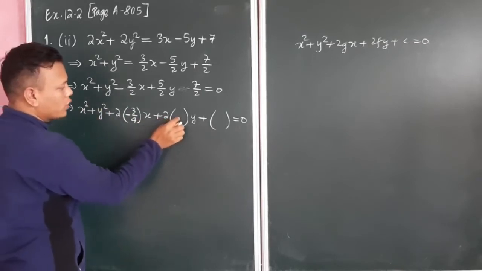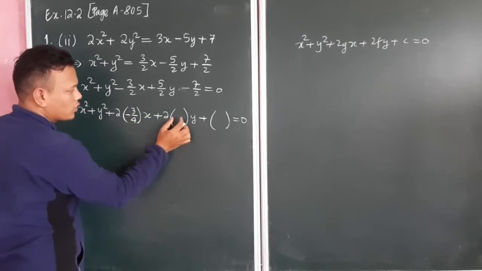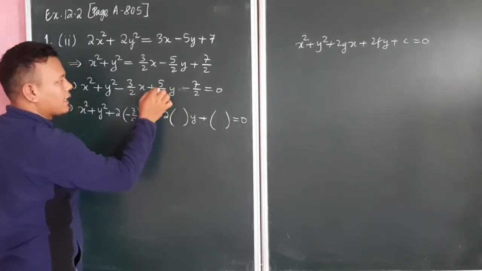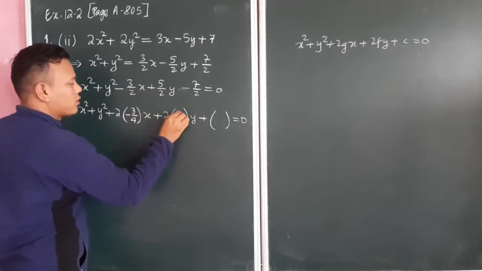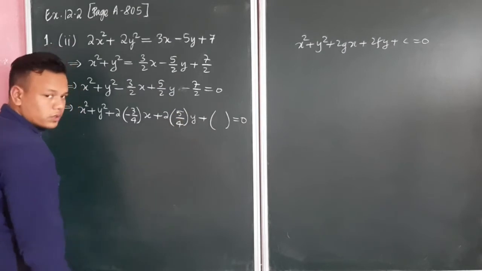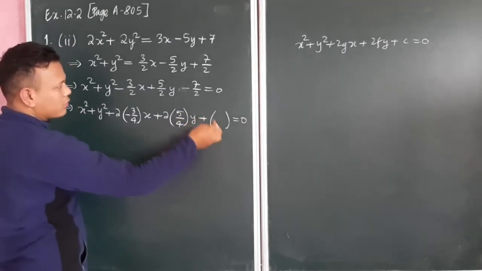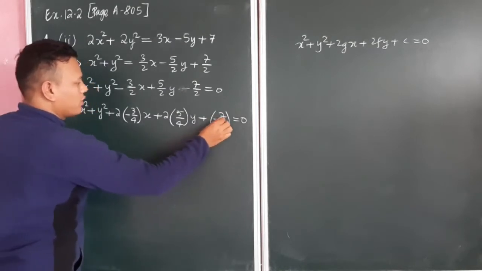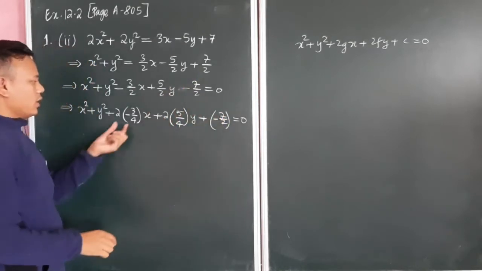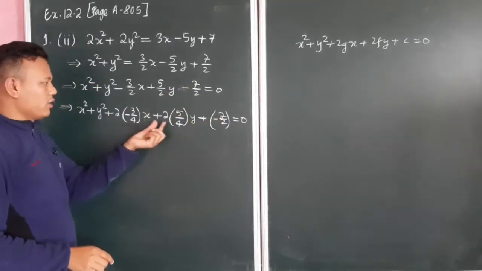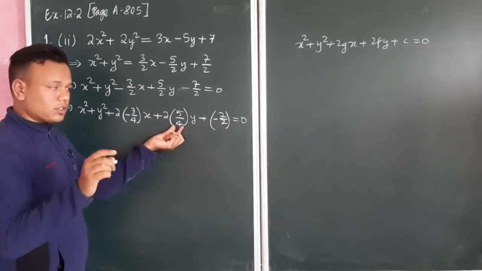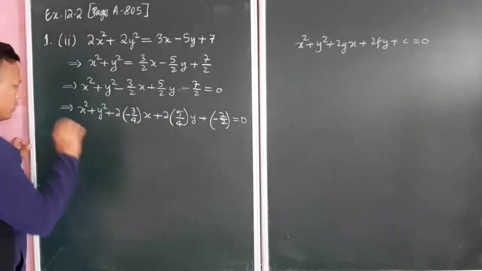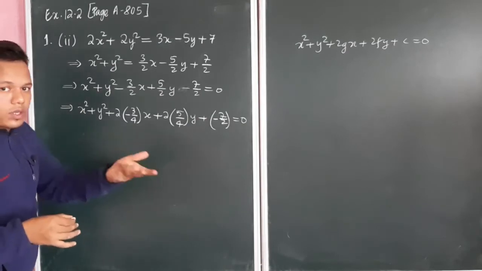Similarly, we have 2fy. Now I have to choose a number in such a way that I will get 5 by 2. And obviously, that number will be 5 by 4. And whatever is left over, that is minus 7 by 2, will come out here. So basically, from here, what we see is the value of g is this much and the value of f is this much, isn't it? So let us check what is g square plus f square minus c.